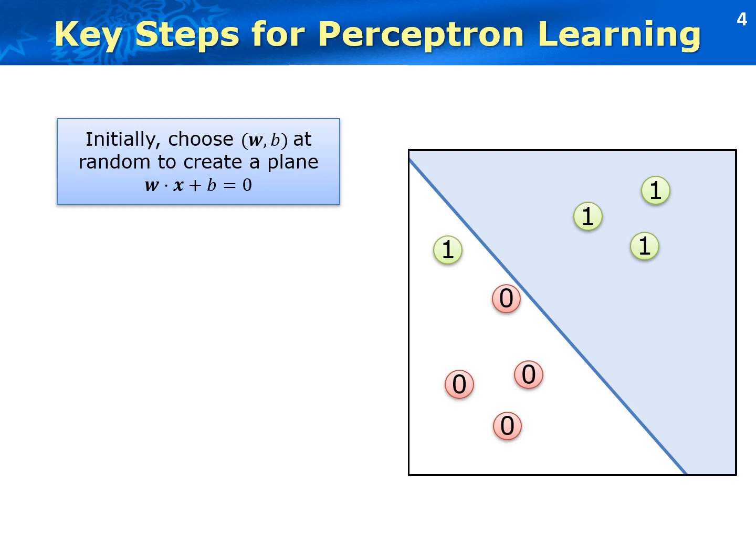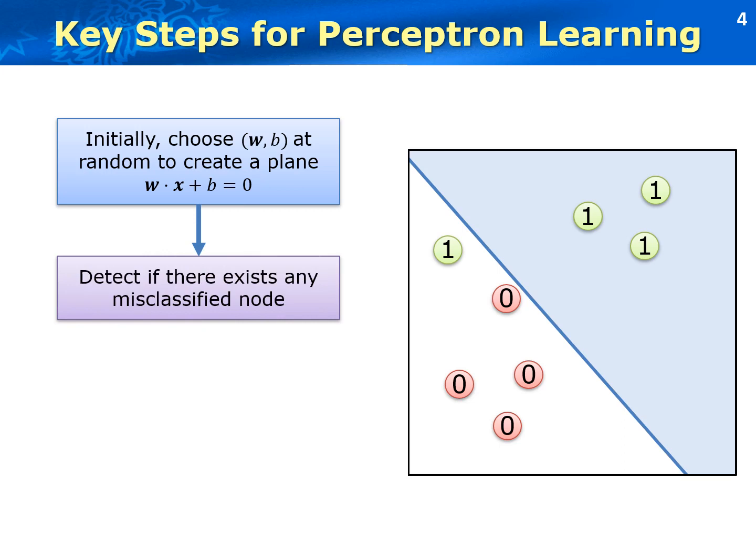Next, we are going to detect if there exists any misclassified node. That is, to check if any green points are outside the blue region, or any red points are inside the blue region. In this example, we see that these green points are correctly classified as they are in the blue region, and all the red points are correctly classified as they are outside the blue region.